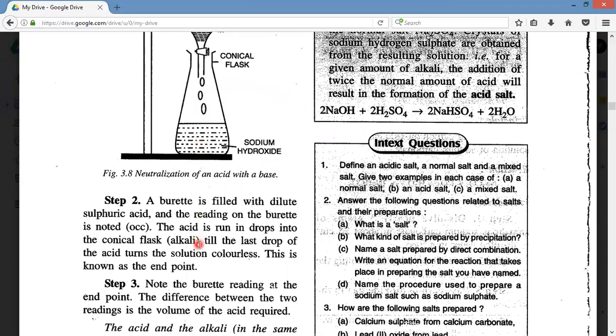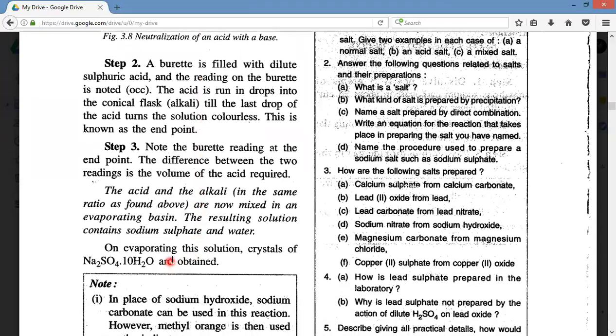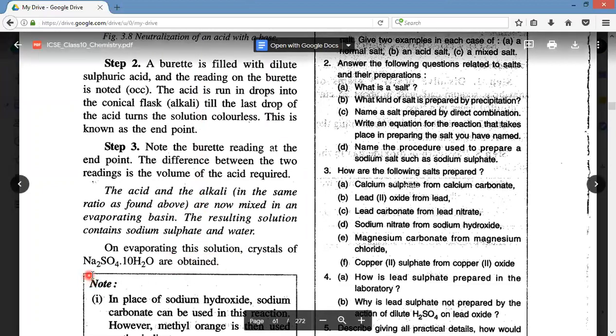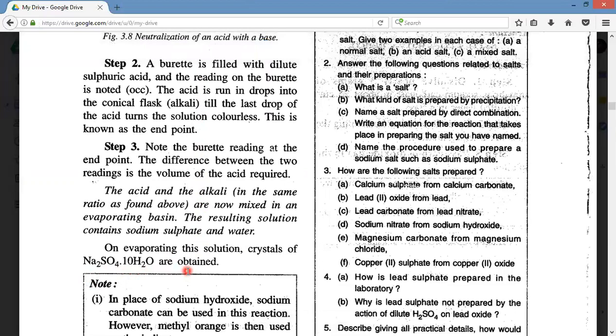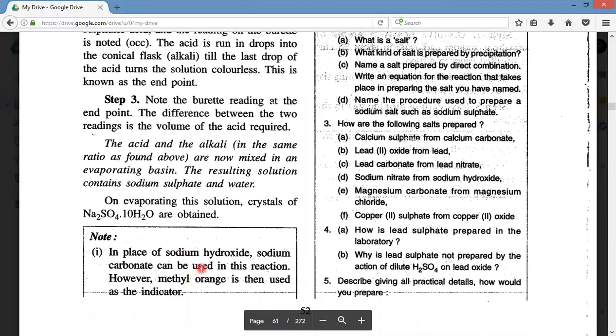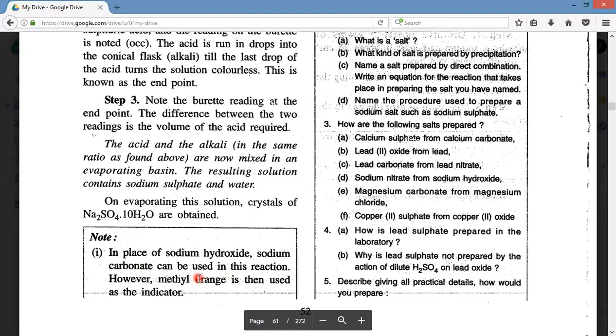That amount is then treated and evaporated by the same process, and crystals of sodium sulfate decahydrate are formed. It is not necessary that only sodium hydroxide be used. We can use sodium carbonate also by this process. But when we use sodium carbonate, the indicator is changed to methyl orange.